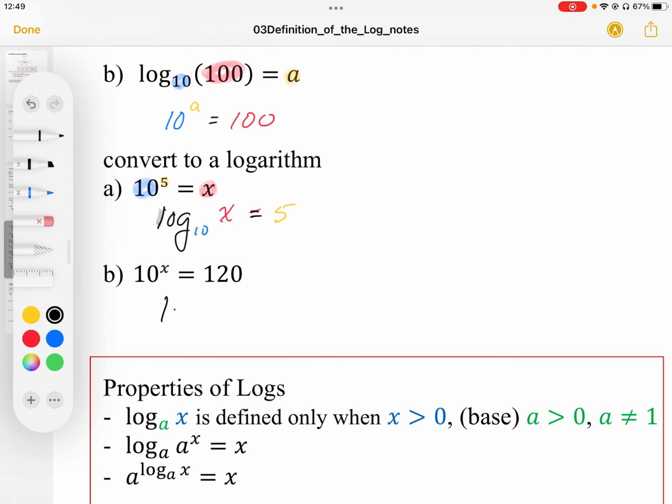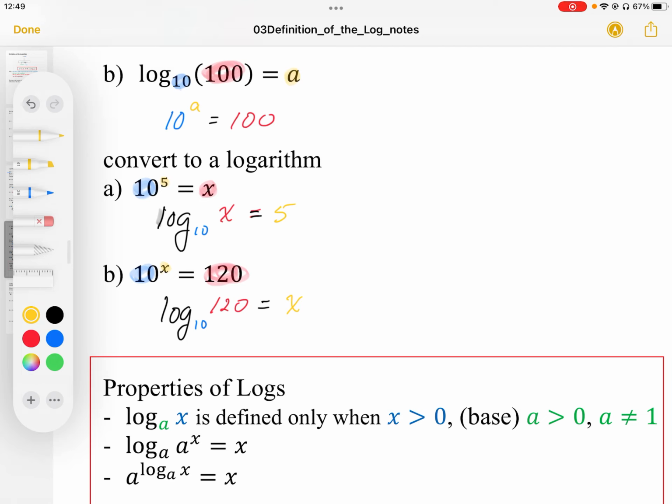So looking at this next one, log, our base. Okay, we need to identify our base. We need to identify our argument, and we need to identify the exponent. So when we write this, I get log base 10. Argument is 120, and that's going to be equal to our exponent x.